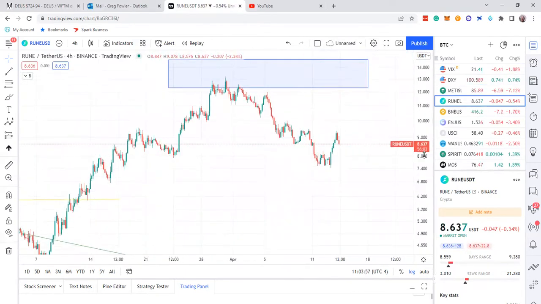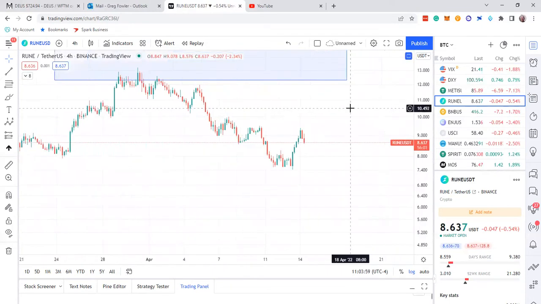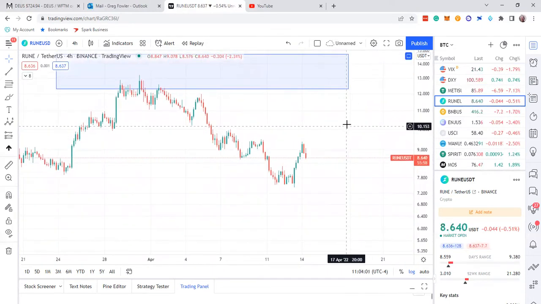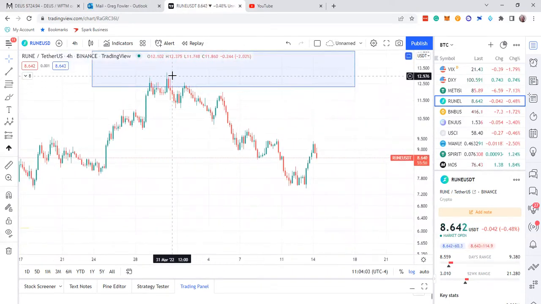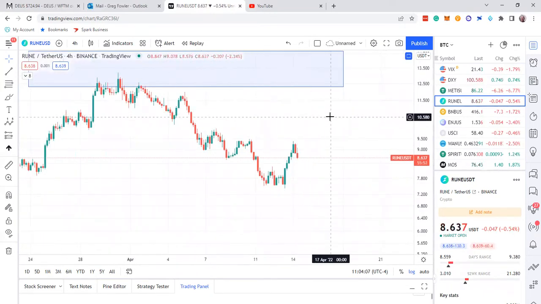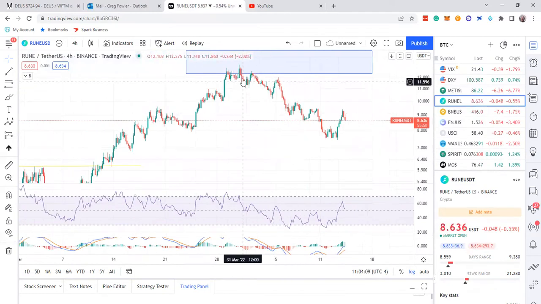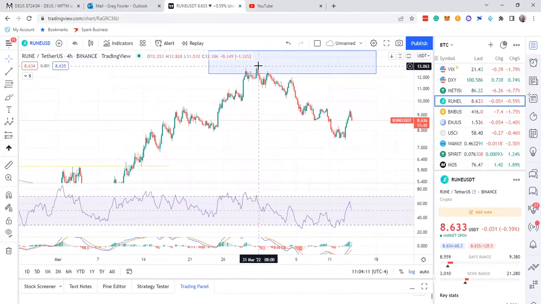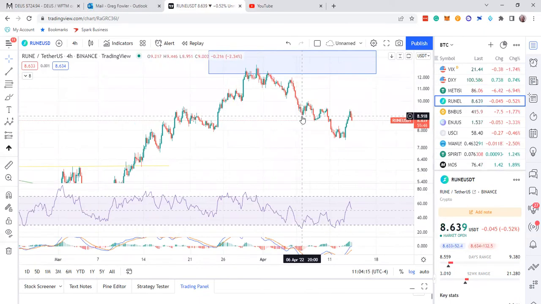So now we have to look at this structure right here, and we have to see, is it a 5 wave or is this an ABC? So let's check that out a little bit closer. Based off the 4-hour, you see the RSI, this would be your 3.